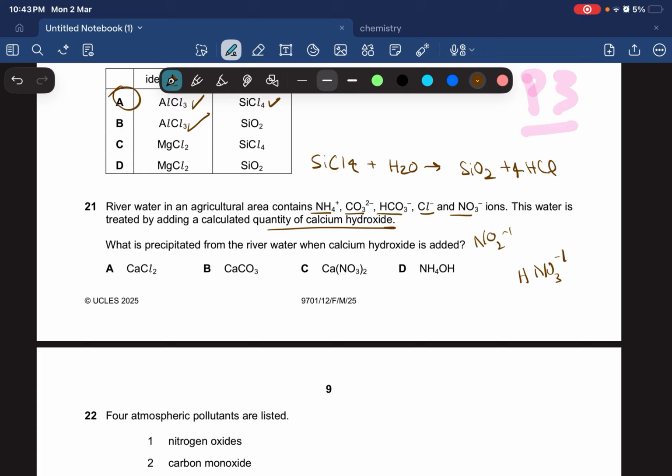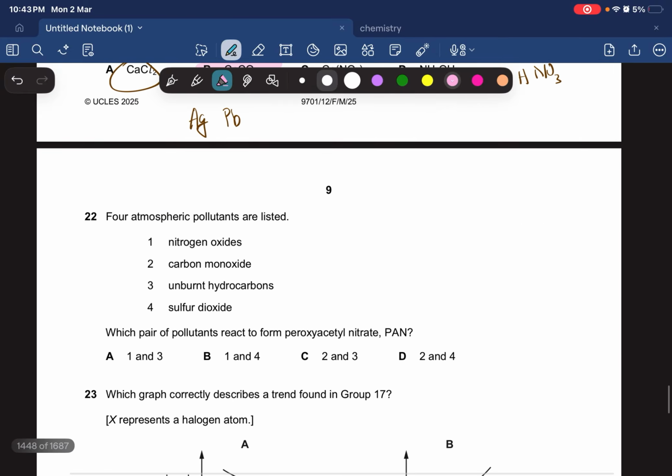What is precipitated from the river water when the calcium hydroxide is added? Calcium carbonate. Am I wrong about it? Let's see. No, I'm not wrong, because I know that ammonium salts are all soluble, all nitrates are soluble, calcium chloride is soluble because all halides except silver and lead are soluble. Elementary school chemistry. Calcium carbonate is insoluble.